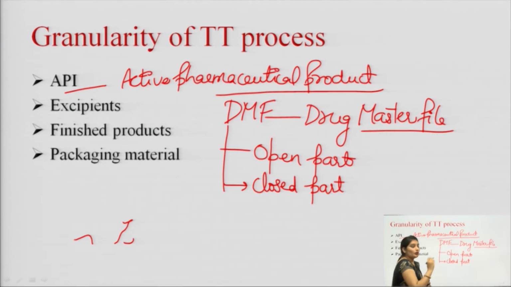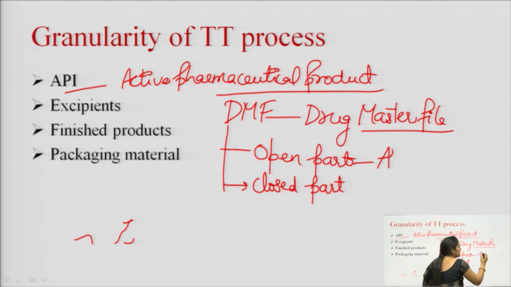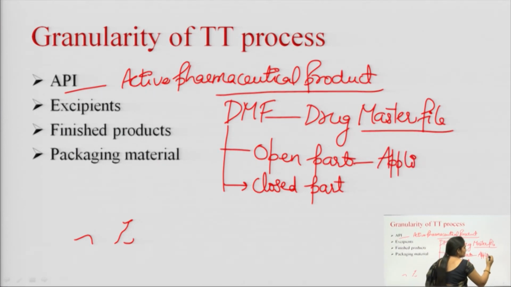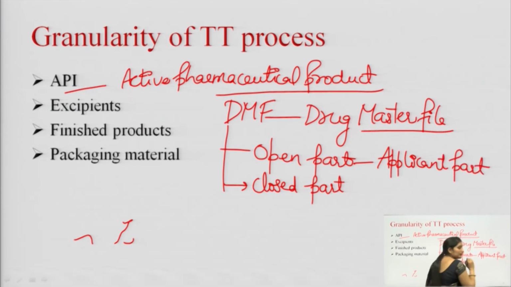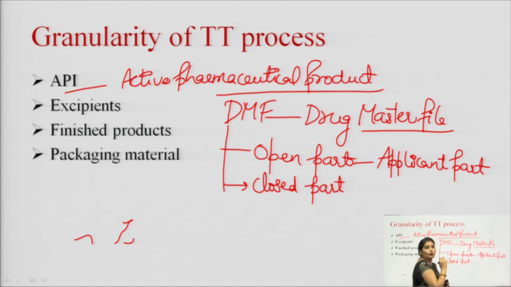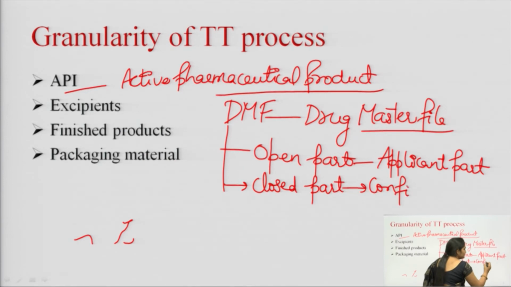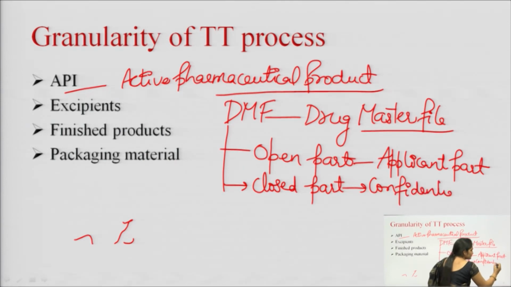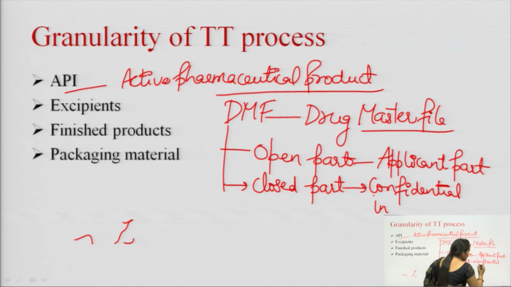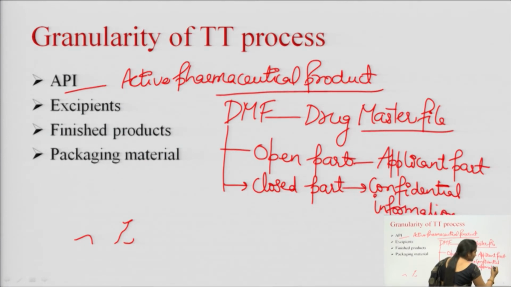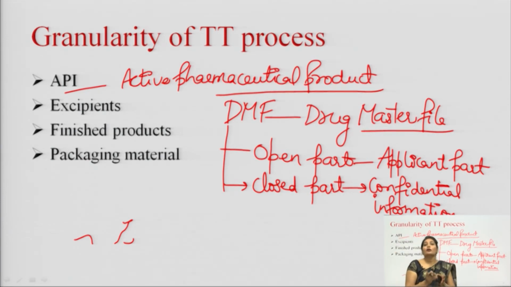Okay. This open part is the applicant part, and this closed part will contain the confidential information, and these confidential information can be disclosed only before the regulatory authorities.